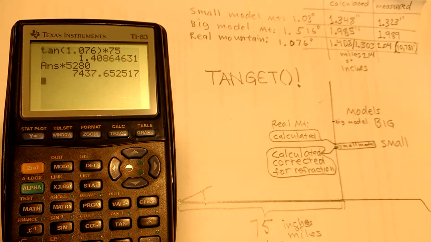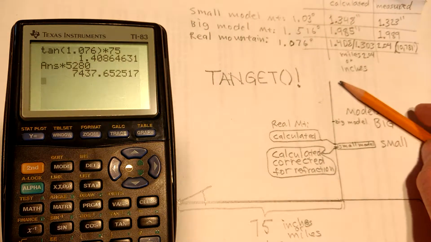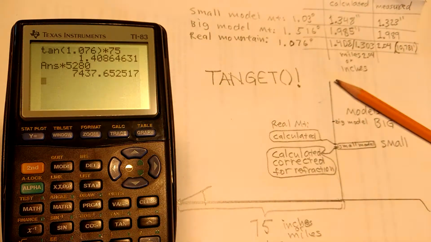But if you doubt me, then I can go ahead and try another experiment where I go 100 miles away. I think I can find a spot where I can see Mount Baker from 100 miles away. And if I can do that, then that would definitely confirm this, because look at what the curvature would be at 100 miles.